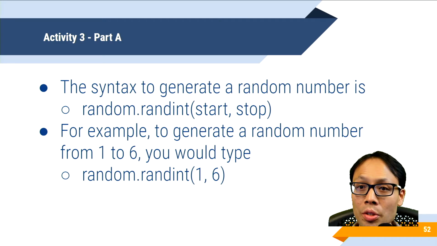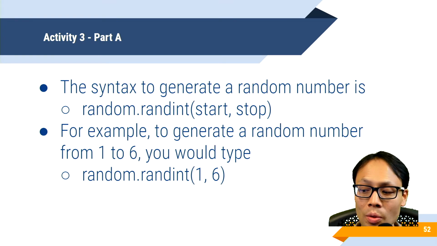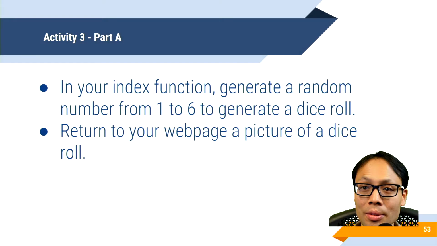So again, just to recap from yesterday, the syntax to generate a random number is random.randint, and then you have the starting number and the stopping number. So for example, if you wanted to generate a random number from 1 to 6, you would type in random.randint(1, 6). All right, so in your index function, I want you to generate a random number from 1 to 6 to simulate a dice roll.